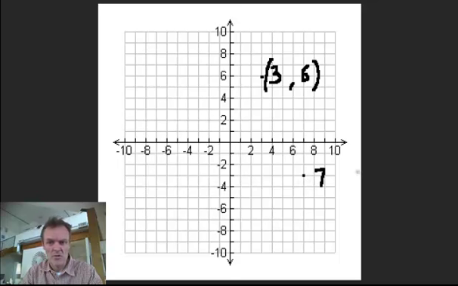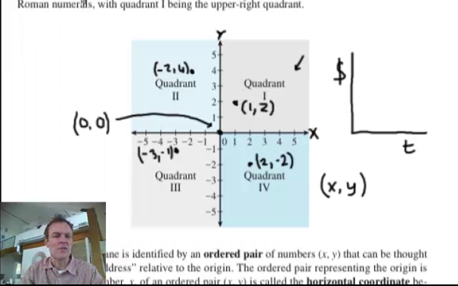So I'd put 7, comma, -3, all in parentheses. You have to look and think to yourself, positive along the x, positive up the y, am I going negative on the x, am I going negative down the y? Just think to yourself, what's the ordered pair, what's the xy coordinate for the point I put on there?